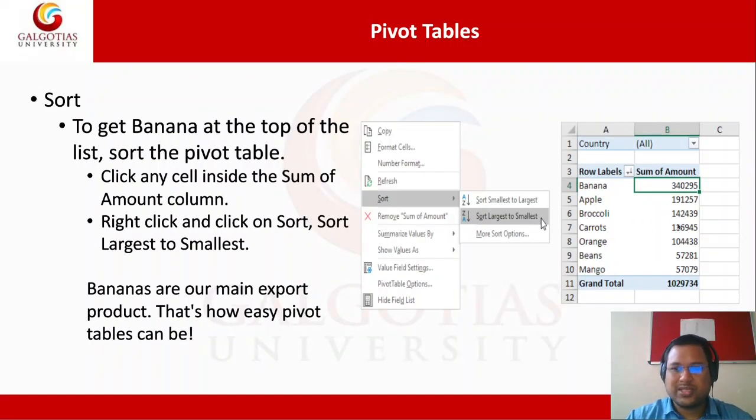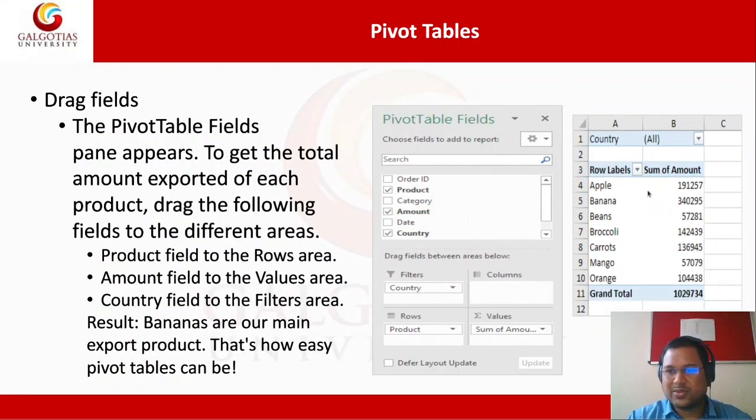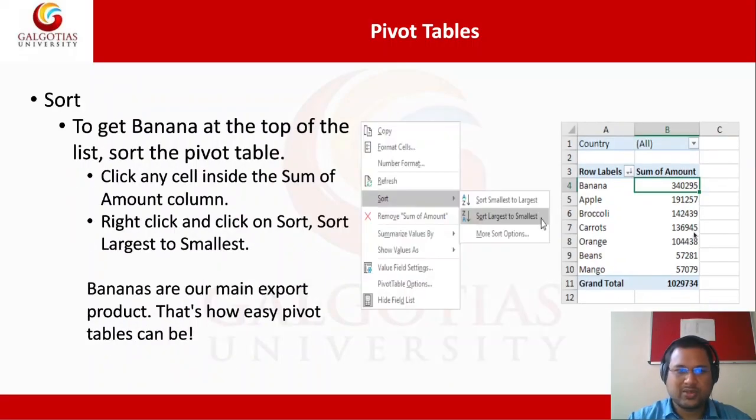Next, see in this result, these are not in sorted order, they are sorted according to the food name. Our target is to get the highest export product, right? So we need to sort this amount, to get banana at the top of the list.